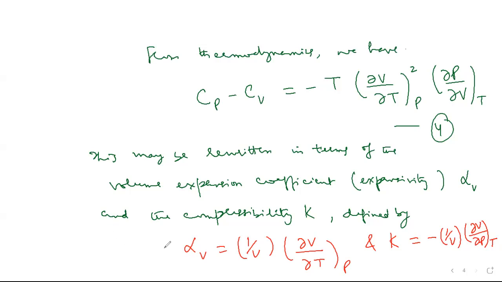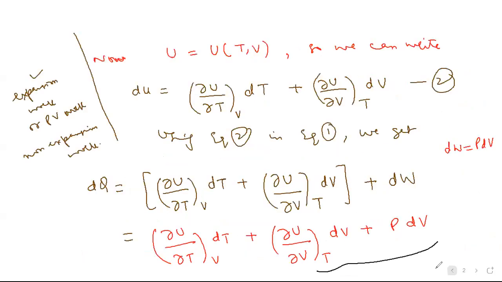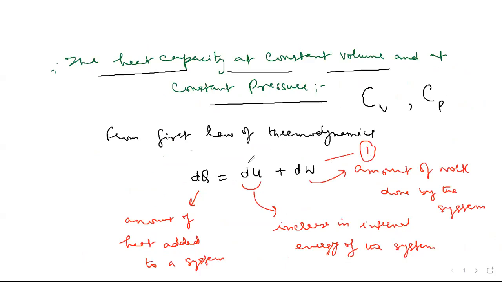And you need to know also that some books denote expansivity by beta, not alpha subscript V. So in thermodynamics book, you will see beta instead of alpha V. In solid state physics, it is represented by many books as alpha subscript V. And one more thing, in some books you may see internal energy expressed as E, not U. So first law, you may see written as dQ is equal to dE plus dW.